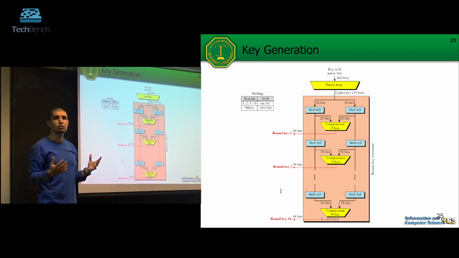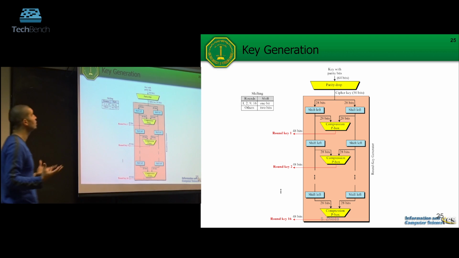To get from 64 to 56, you need to get rid of 8 bits. What are those bits? You go 8 and take 1, the last bit of every byte. So bit 8 will not be there, nor bit 16, bit 24, bit 32, etc. All these will go. This is what we mean by parity drop.